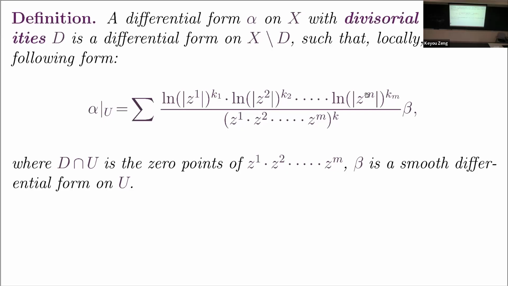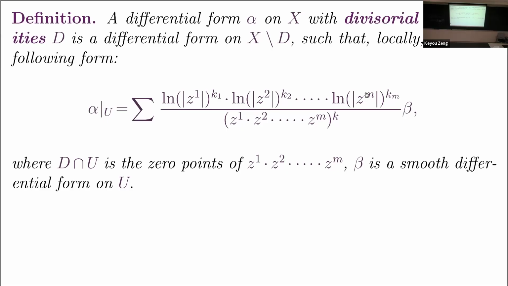Here, let's first look at the denominator. This is the holomorphic function which defines our divisor, so it can be written as a union of some hyperplanes. And for each coordinate here, we can take the absolute value, put it into a logarithm, and take some power of it.